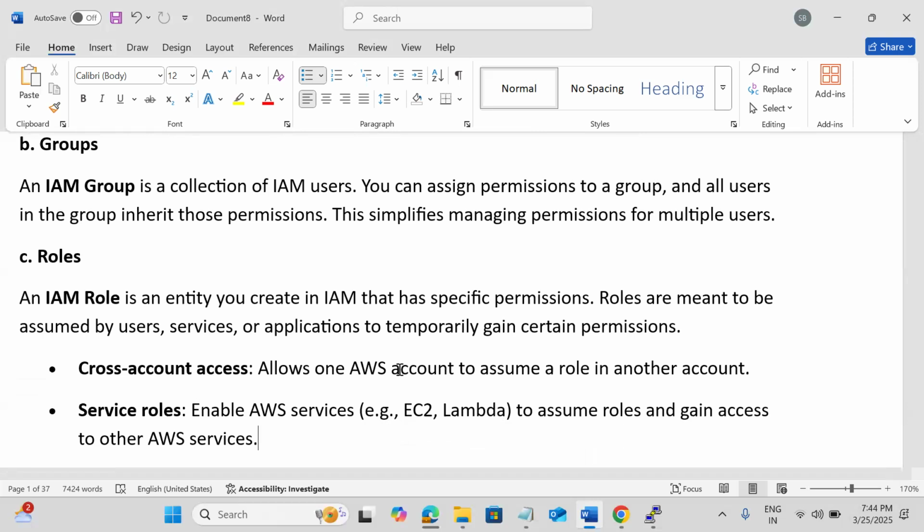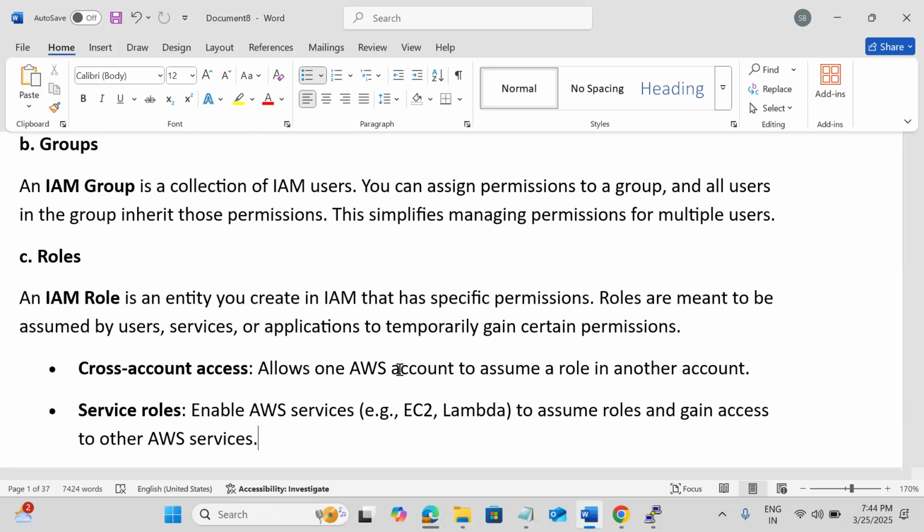Mostly, to give the permissions, we are going to give the IAM role. Users are straightforward, we allocate them to persons, but for one service to get access or permission to another service, I'm going to create the role.